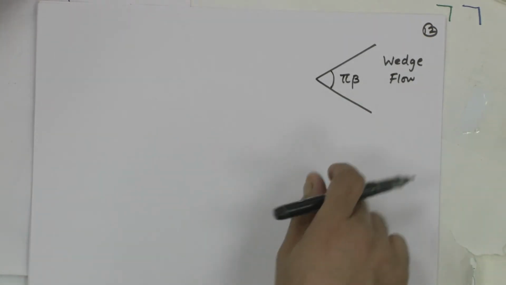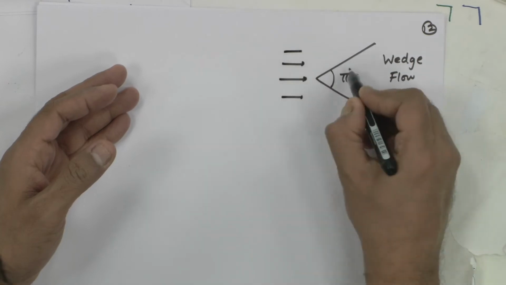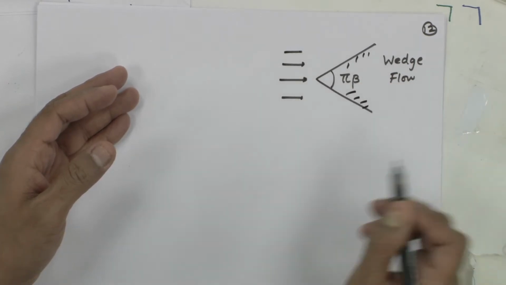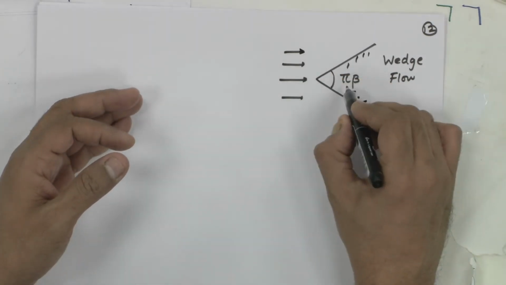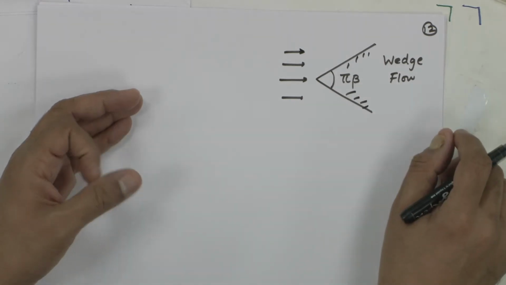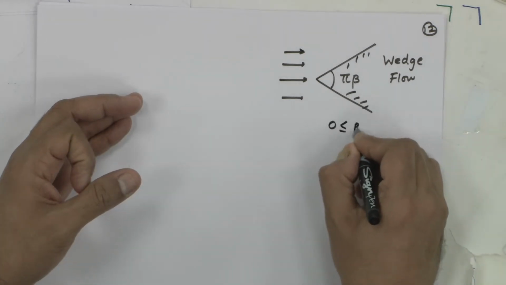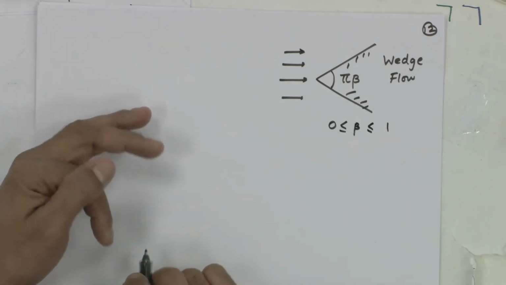You have a V which is tilted and the flow is coming this way. So, this is the solid and the flow is coming this way, and the central angle is pi times beta, 0 less than or equal to beta less than or equal to 1.